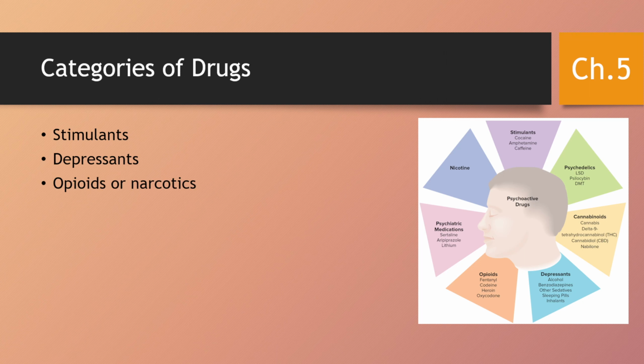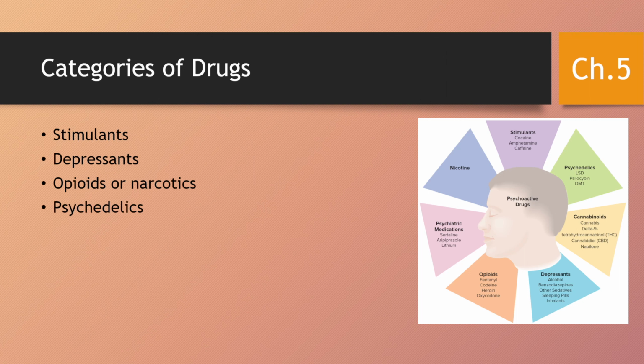Then we have opioids or narcotics. So these tend to produce some sort of relaxed or dream-like state here. Some examples of this are things like fentanyl, codeine, heroin, oxycodone. These are all examples of opioids and narcotics, some of the most probably addictive and dangerous category of drugs right here. Then we have psychedelics.